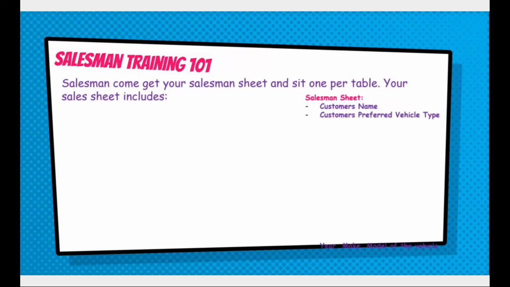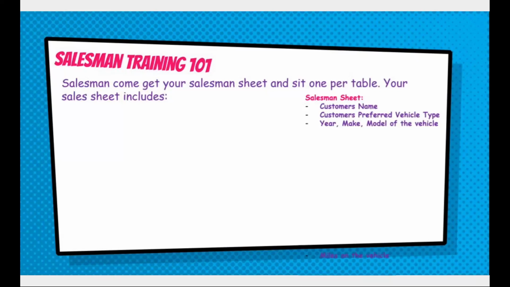So this is what I'm going to be taking and collecting as a grade. The customer's name needs to be printed on there so I know who it is. The salesman is going to write their name at the bottom of the sheet and print their name. And then you're going to engage with the customer on what their preferred vehicle type is, the year, and then they're over searching for vehicles right now.